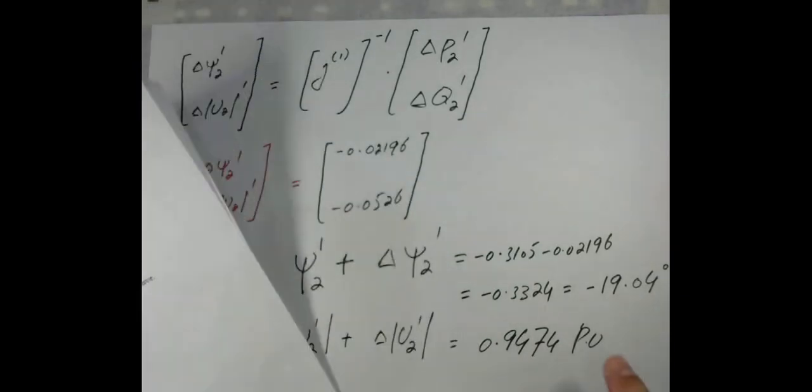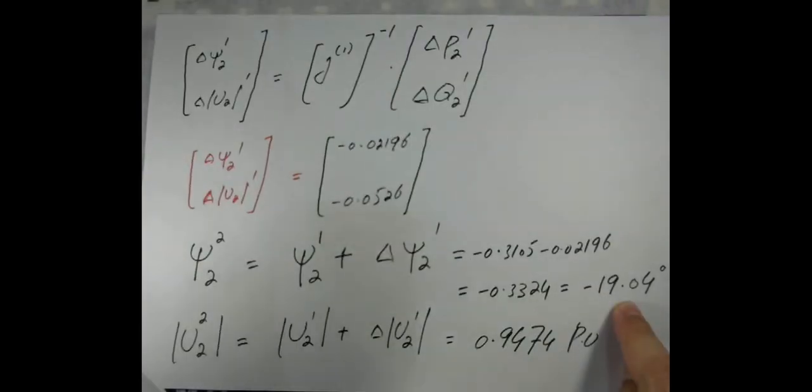And if one compares the results, in the case of the Gauss-Seidel method, the angle after the second iteration was minus 17.21, and here we have found it to be minus 19.04, with a difference of more or less 2 degrees.